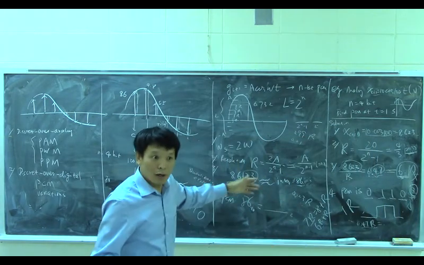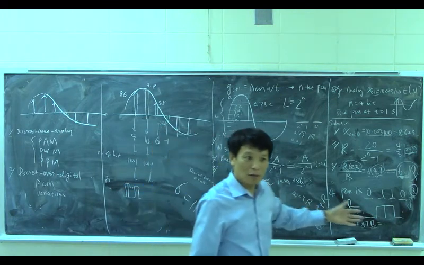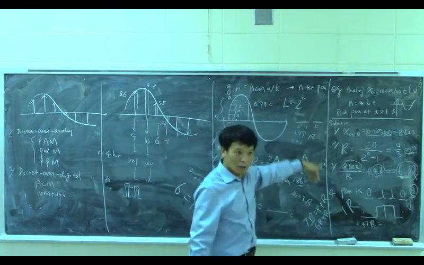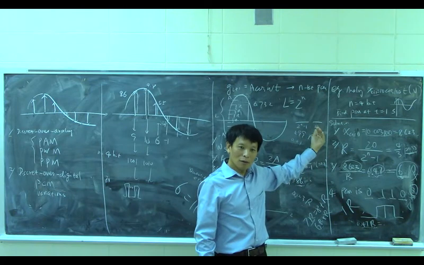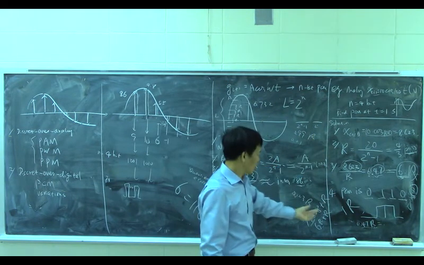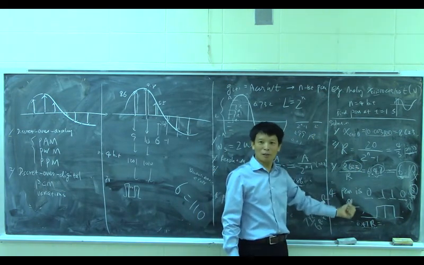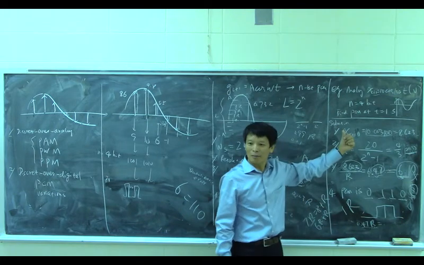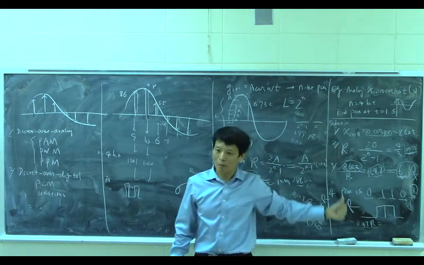So do you feel good about how to convert a PCM code in this way and back the other way also? In the homework, I let you go this way.